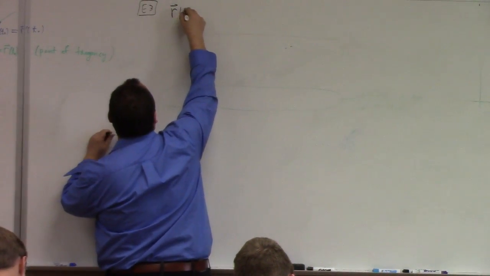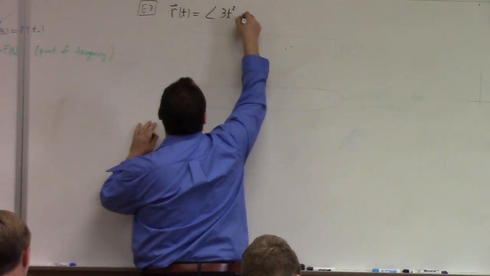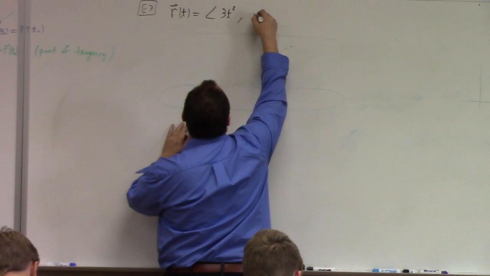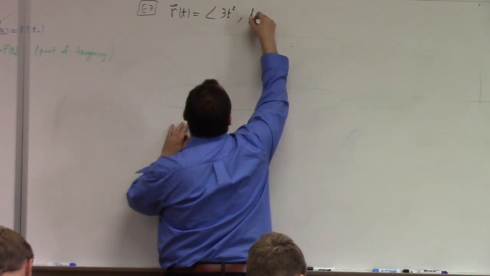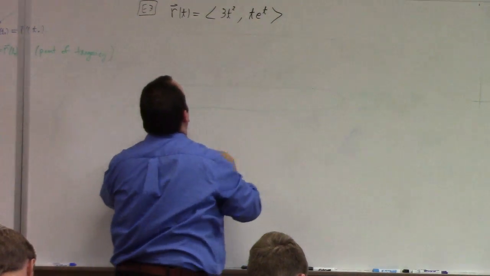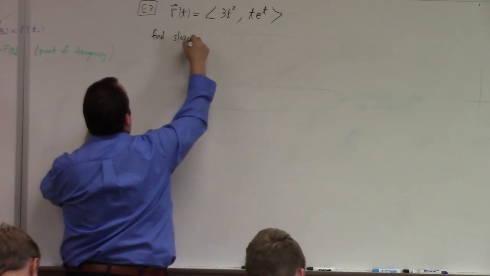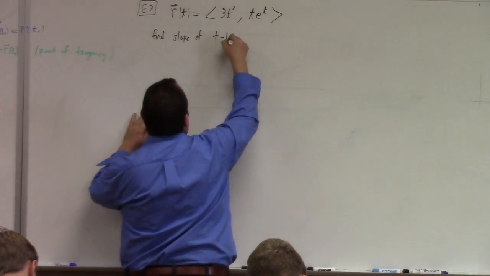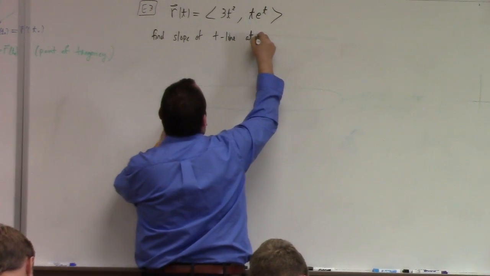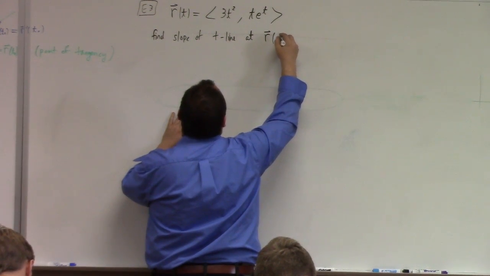Suppose we have r of t equal to 3t squared, and then t e to the t. Find the slope of the tangent line at r of, I don't know, let's say 2.